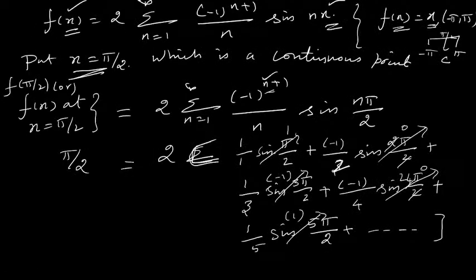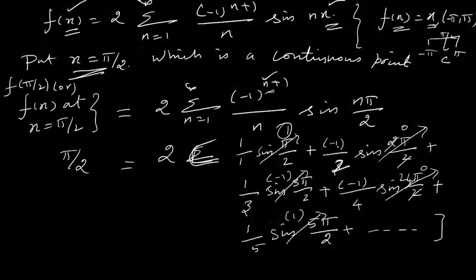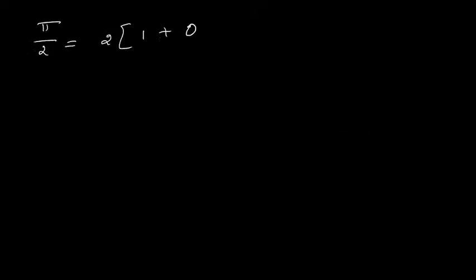twice. So within parenthesis, first term is 1 by 1. Product sin pi by 2 is 1, isn't it? So that is 1. So the first term is 1 plus. Coming to the second term, minus 1 divided by 2 sin pi. The value of sin pi here is 0. So product of anything with 0 is 0. So you get the second term 0.